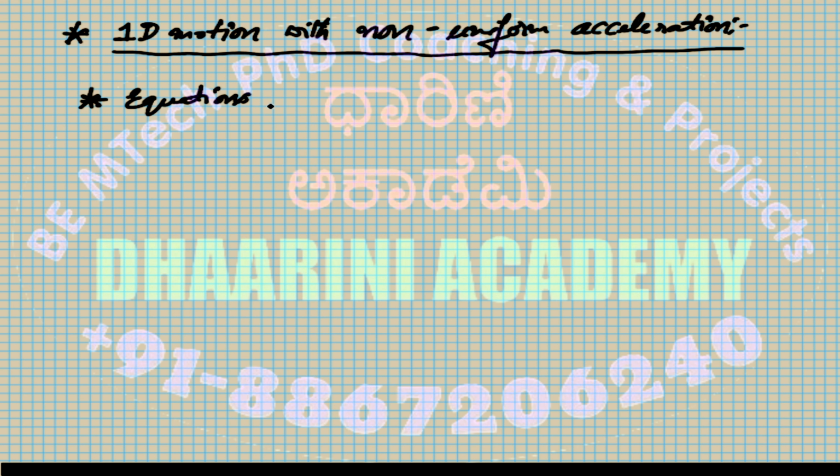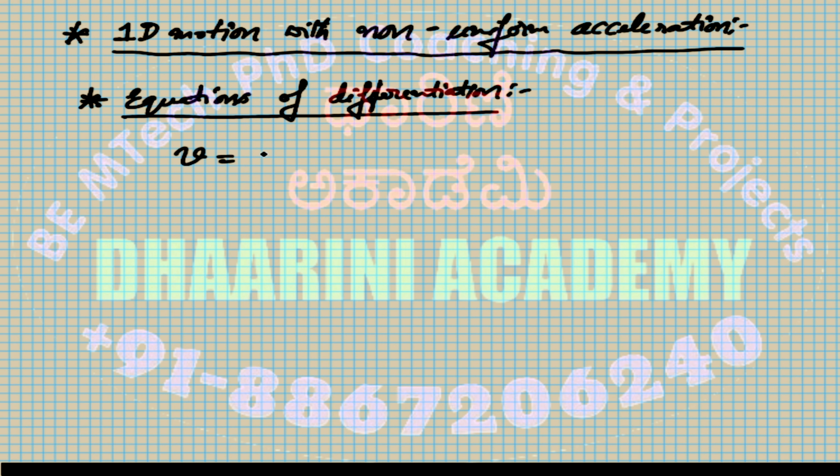First we consider the equations of differentiation, right? The first one is the velocity. Velocity is equal to ds by dt. S is the displacement, t is the time.